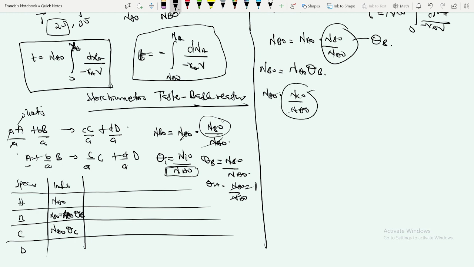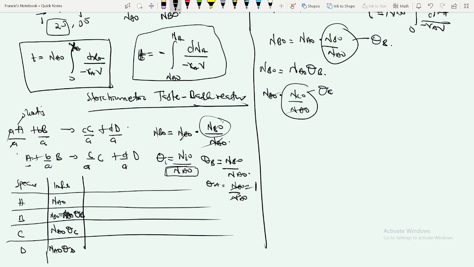We then represent this with our phi C. For A we could have phi A, but I don't write it because phi A is just 1. So we are going to get the initial moles of D present to just be Na naught phi D, and this is what we have here.